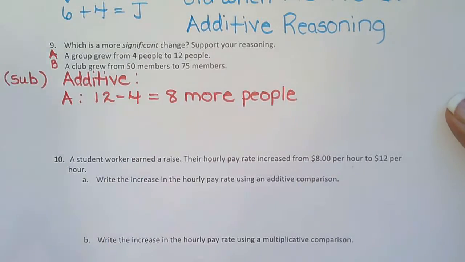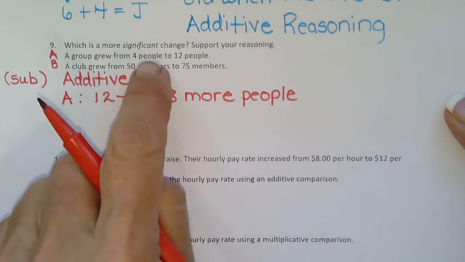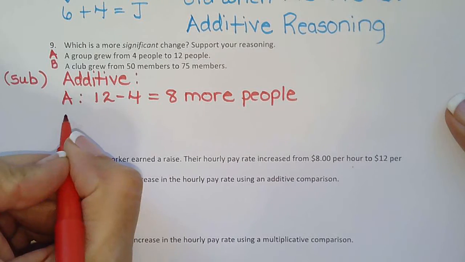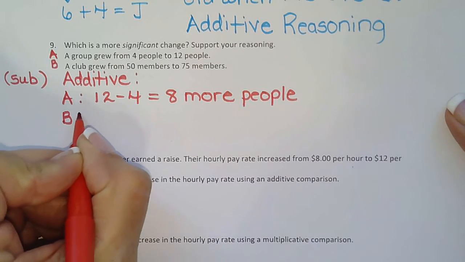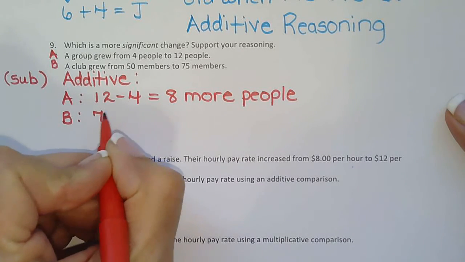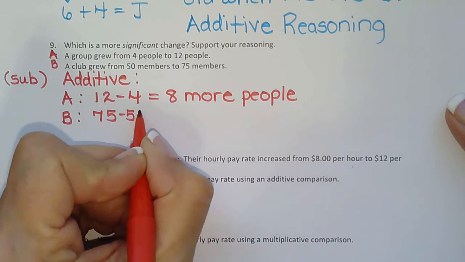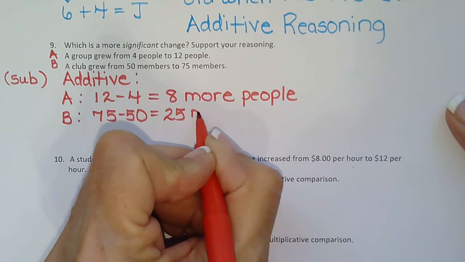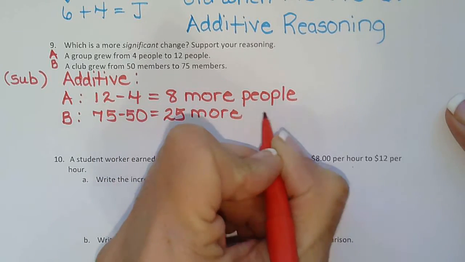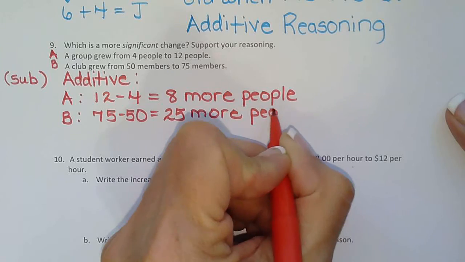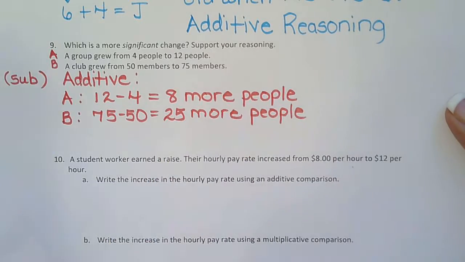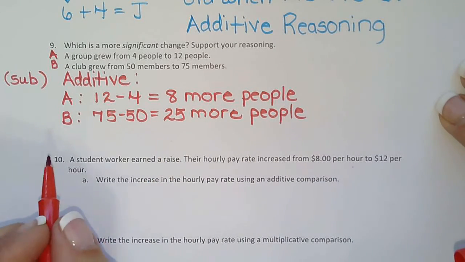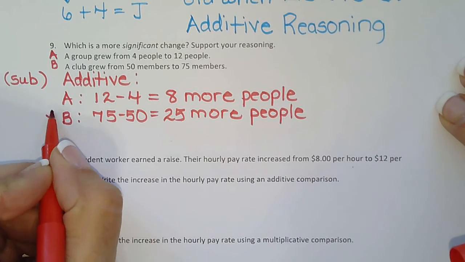So 8 more people joined that group. 4 plus 8 is 12. For group B, 75 minus 50 is 25. So that group grew by 25 people. If we were using additive reasoning, we would say group B grew more.